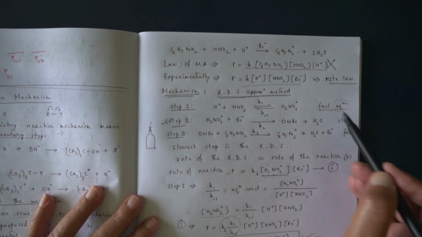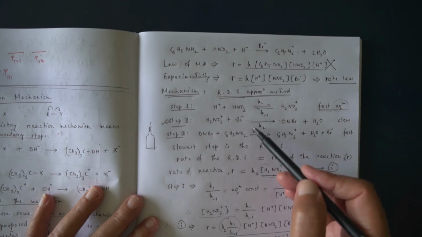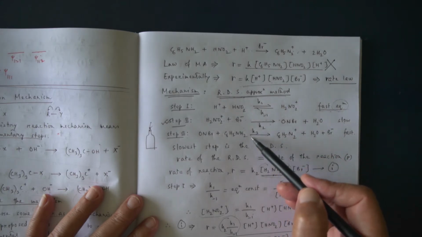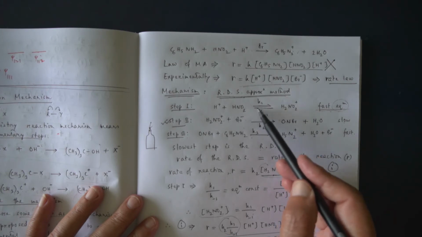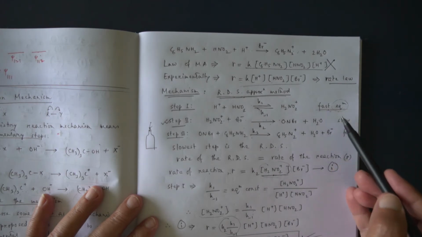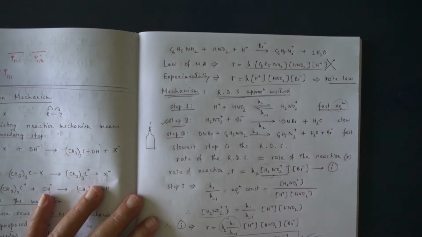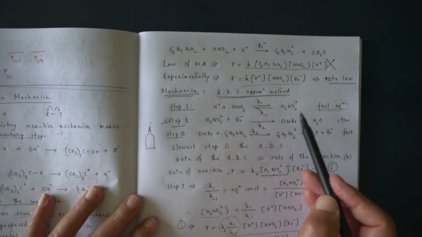Neither do we require fast, slow, etc. We will just propose some steps as the mechanism. Okay, there may be a reversible reaction, but not necessarily equilibrium. Okay, and fast, slow not required. Number one.